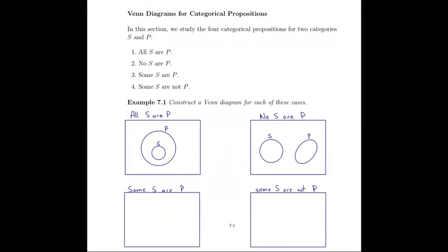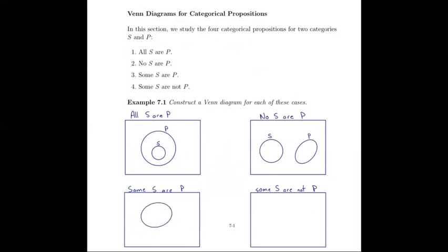Right. So the third one, some S are P, down on the bottom left. So this means that there's some overlap. The most general way to draw this, and that's the way we want to draw each of these, we see that this actually qualifies for some S are P. Not only are some S P, but all S are P. What this statement allows for is there's a possibility that some S are not P. Okay, so if that's the case, we want to be careful when we choose to draw this and be most general.